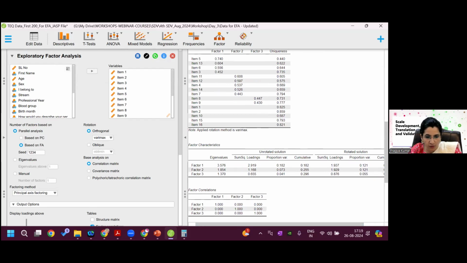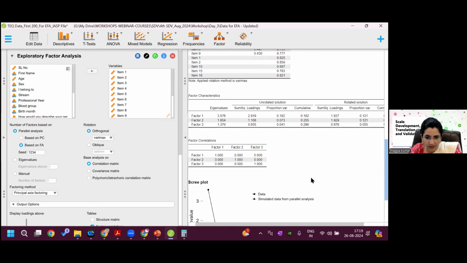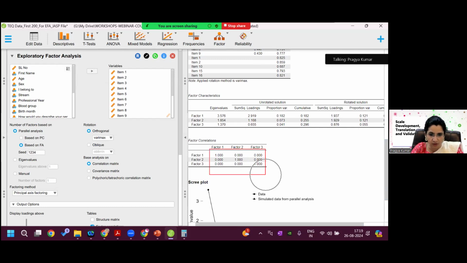And if you see the correlation in orthogonal, since we said there will be no correlation, it will write 0. Correlation between the same factor is there, but with other factors it is 0, which is not usually the case, because if the factors are of the same underlying construct, we expect some amount of correlation.